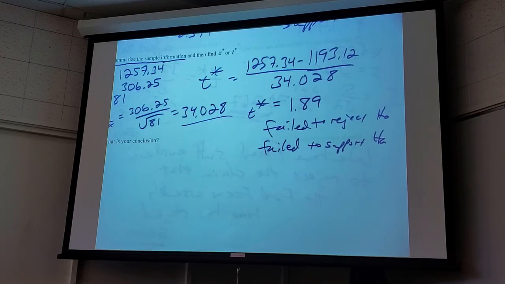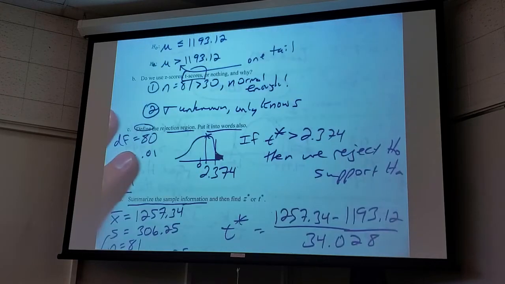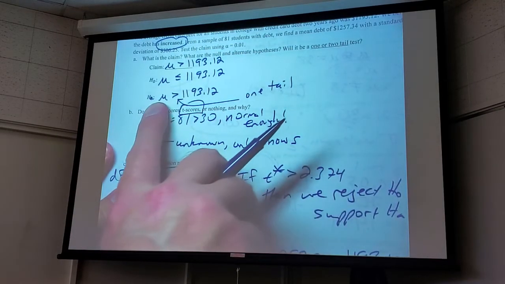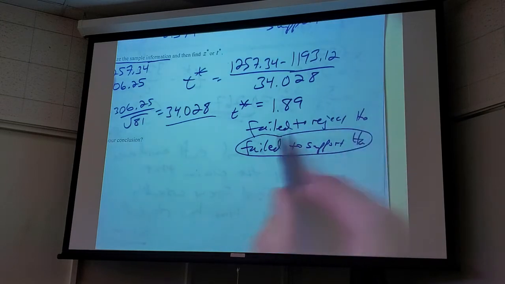So how do you pick which one is going to govern how you answer the conclusion? Fail to reject. Oh, yeah, because it's not going to be that one. What was our claim? Which one, H0 or HA? Oh, HA. So I want to use the one that talks about the claim.